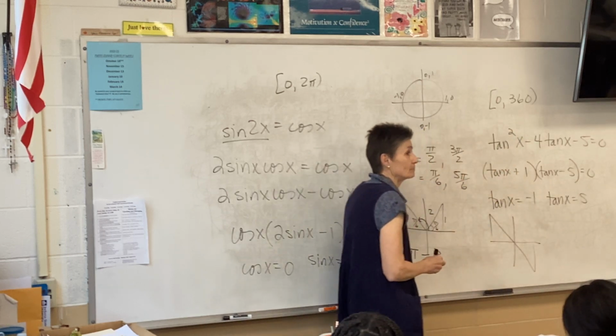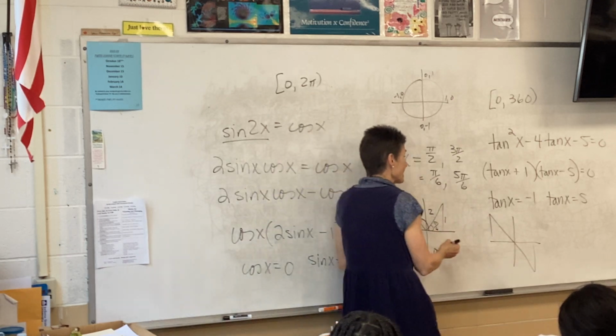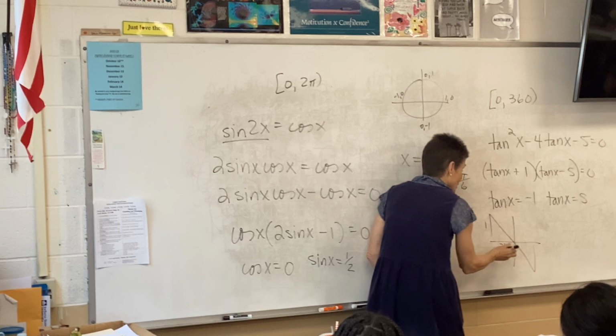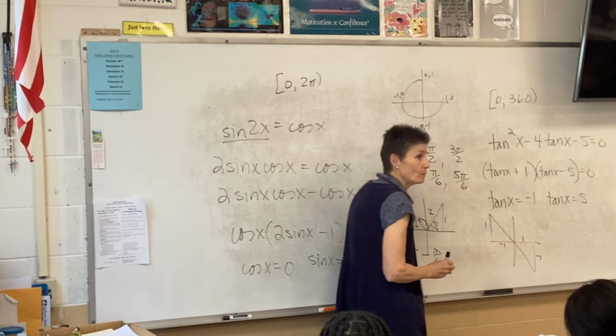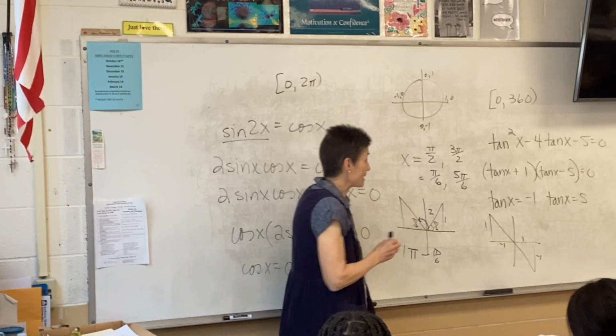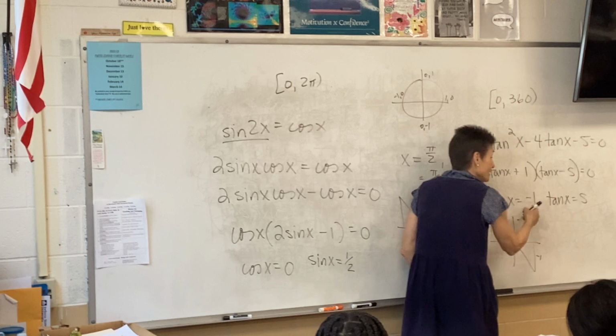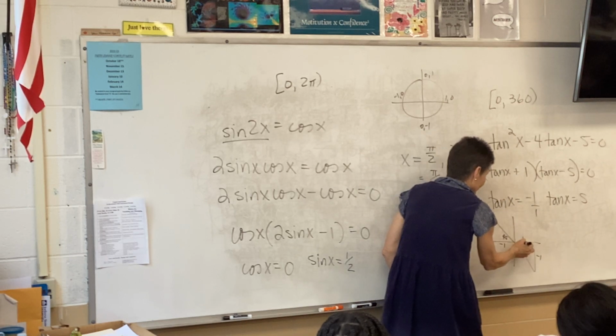Is she right? Yes, she is exactly right, because tangent is opposite over adjacent. Won't it be negative in those two quadrants? And since it is a 1, I know this angle is 45.